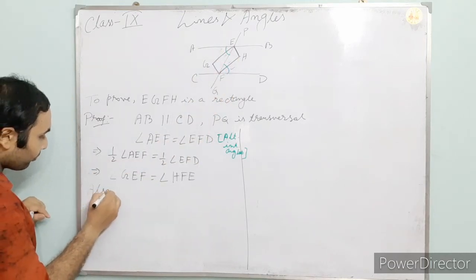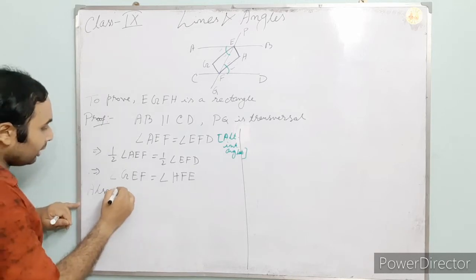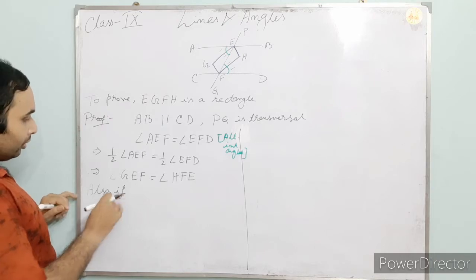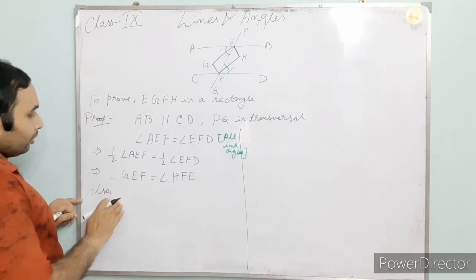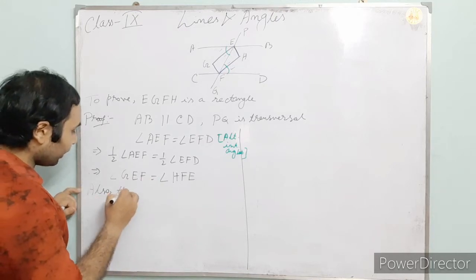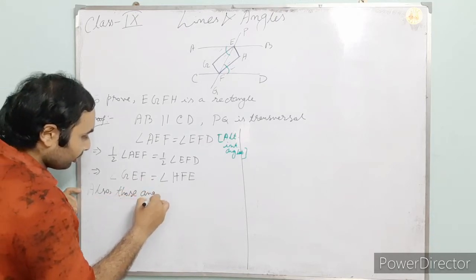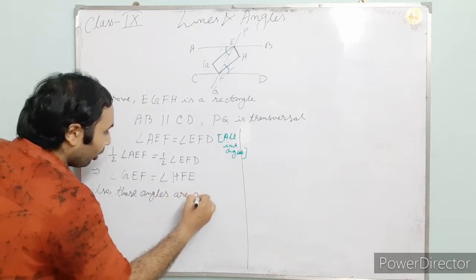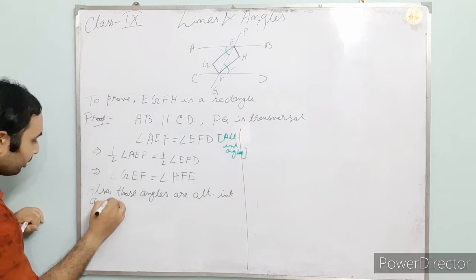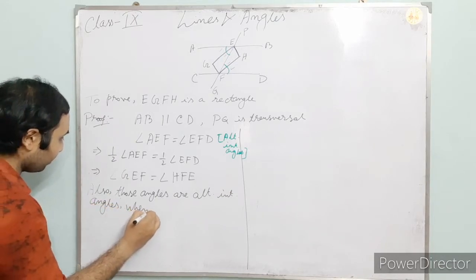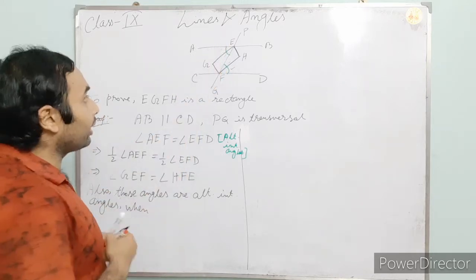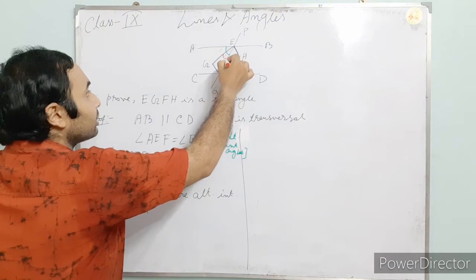Also, those angles are alternate interior angles. Which angles have we taken? The red ones, this angle is equal to this angle.